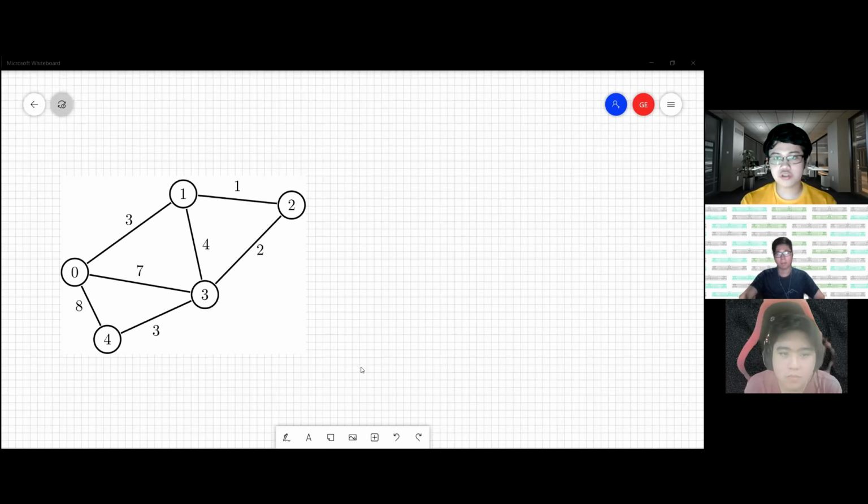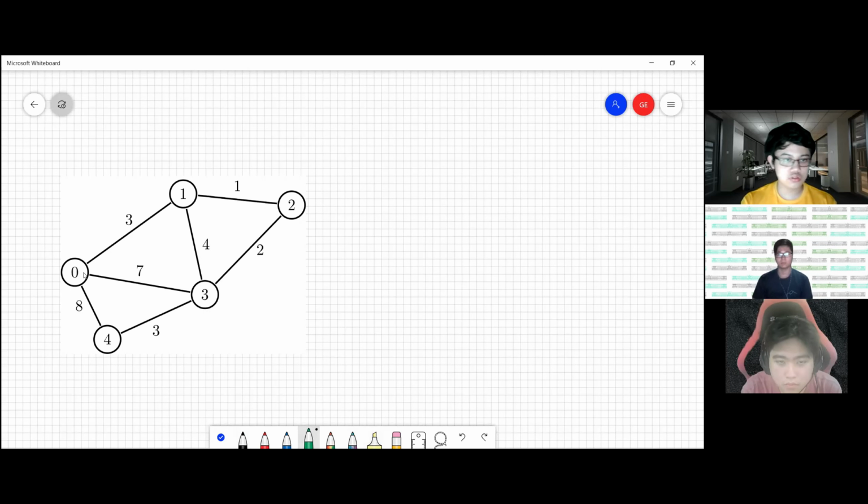So I will demonstrate this algorithm with an example. For example, we'll assign this node 0 as our starting point. The green node is the starting point. The algorithm sends out information to adjacent nodes from the starting point.